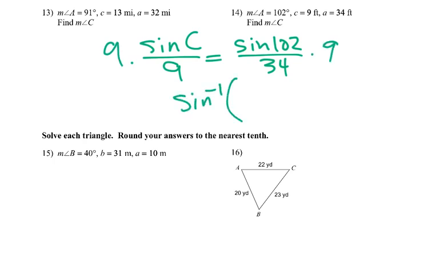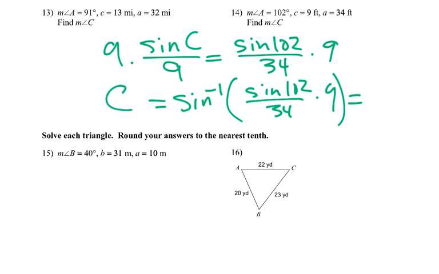Take the inverse sine of that whole thing, and that gives me my answer, which was angle C. And we get 15.0061, so basically 15 degrees. Okay? So that's the two ways we basically deal with the sine.